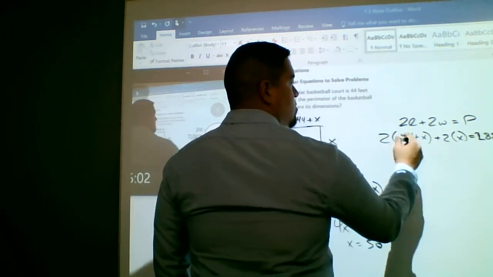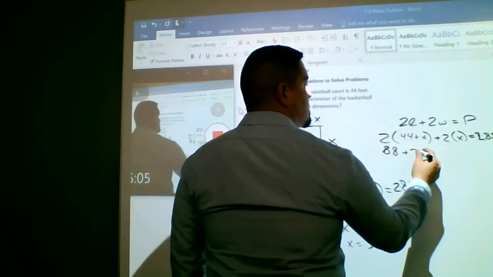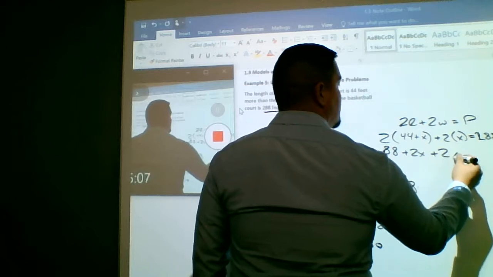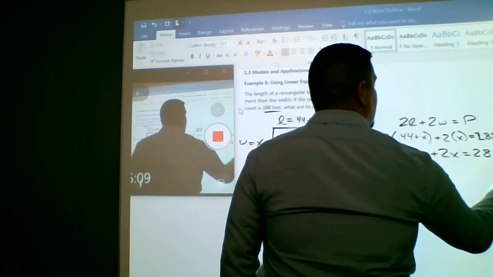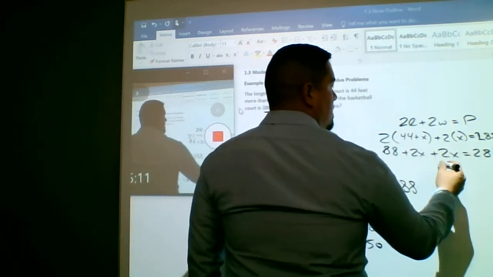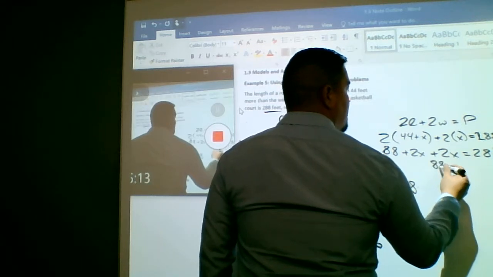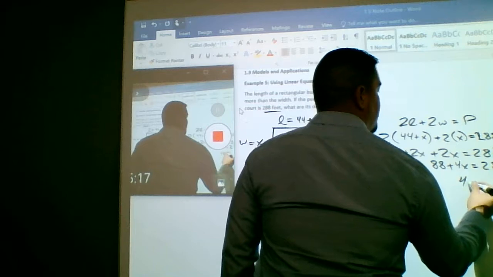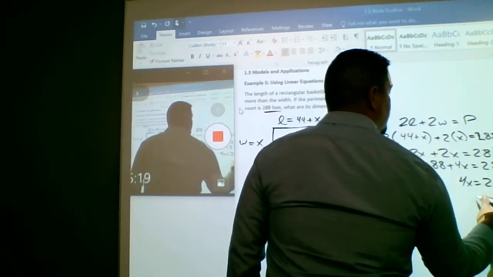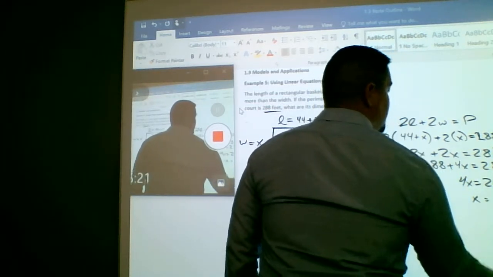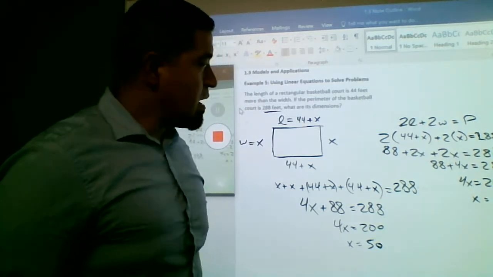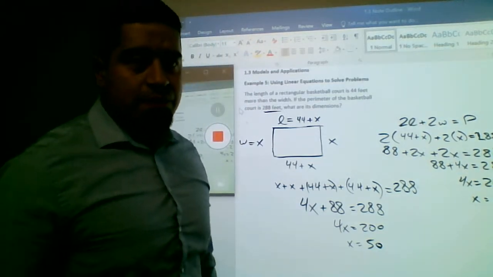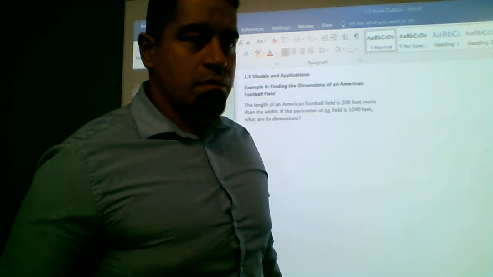I can distribute and solve. 88 plus 2x plus 2x equals 288. You'll see you'll have a similar result. Subtract 88, 200, divide by 4, you still get 50. Okay, so that's it for that.